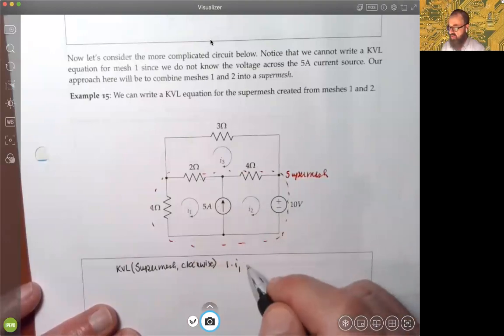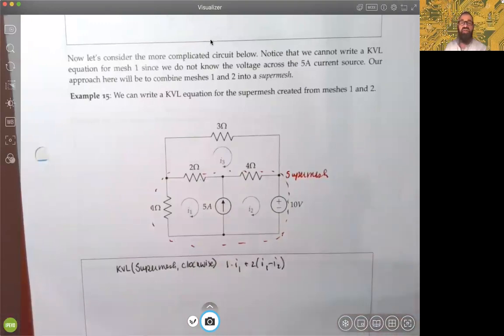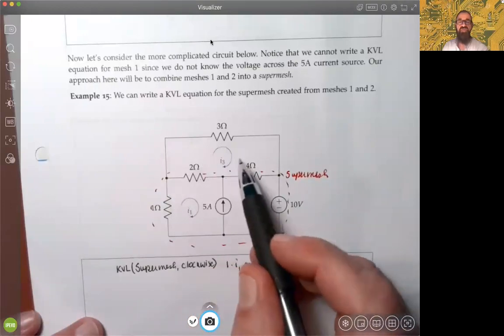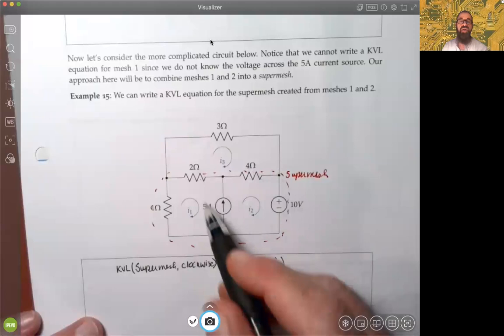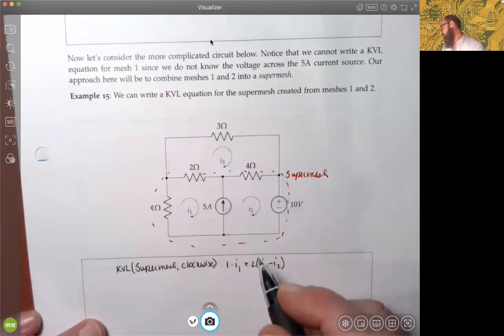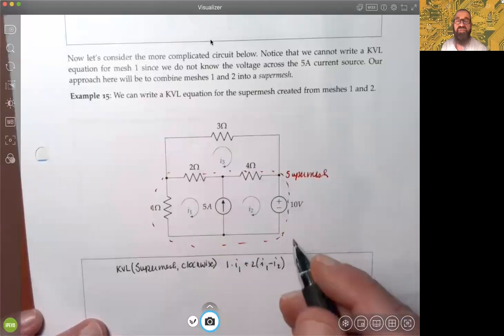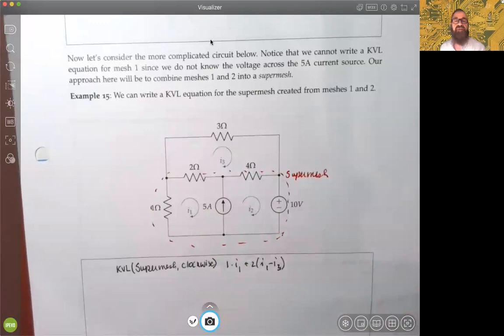So in this case, it'll be I1, and we'll subtract I3. Again, that's why it was important to indicate the direction of KVL. If we're going this direction, I1 is in the same direction, so it's positive. I wrote I2 there. I should have written I3, shouldn't I? Yes. Sorry about that. Because this is the current share there, right?